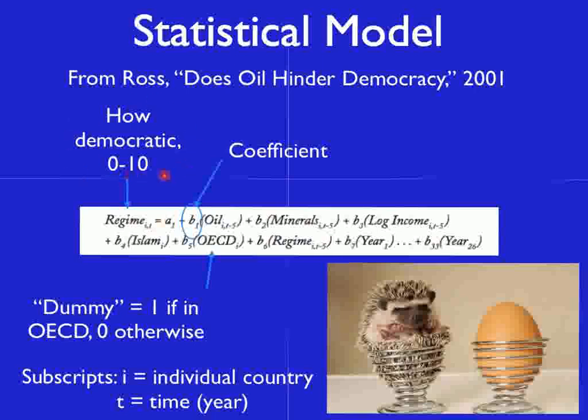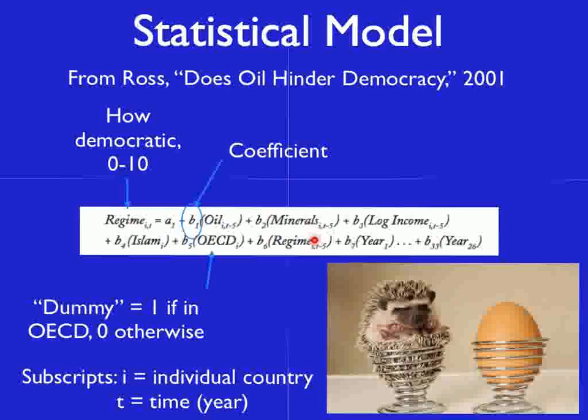So he says that he assumes that a country that was a democracy or a dictatorship yesterday, or he actually uses t minus 5 years ago, is likely to be one today. So if he's trying to predict regime today, the effect of regime yesterday or 5 years ago is likely to be there.